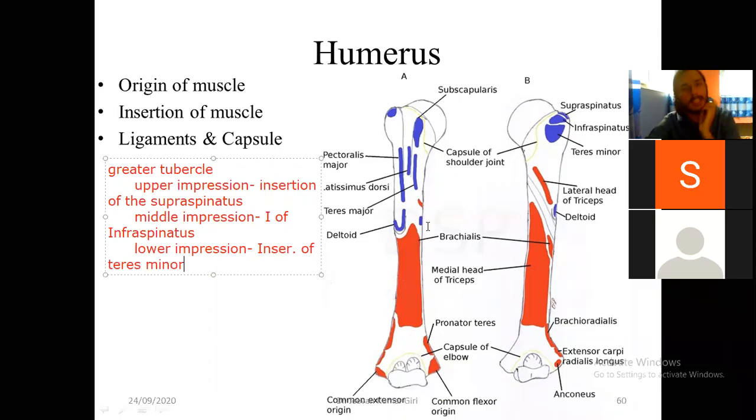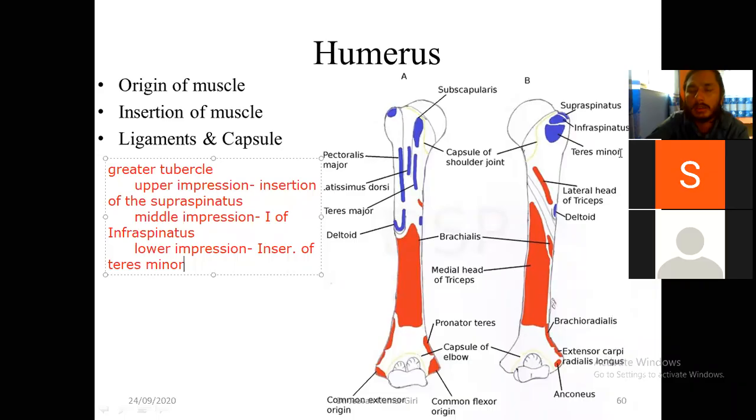So this is the insertion of these muscles, but the origin is somewhere in the scapula. Supraspinatus has its origin in the suprascapular fossa. Infraspinatus, the origin is in the infrascapular fossa. Similarly there is the subscapularis muscle, whose origin is from the subscapular fossa. Just remember that. Teres minor origin you already know.